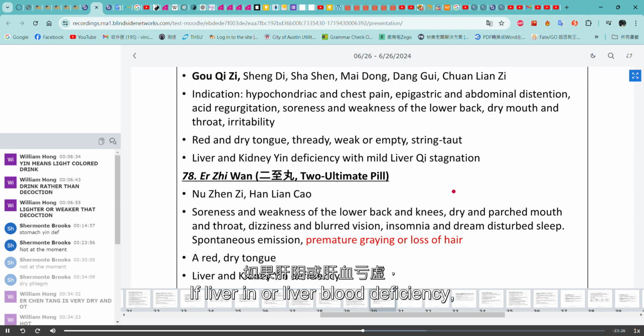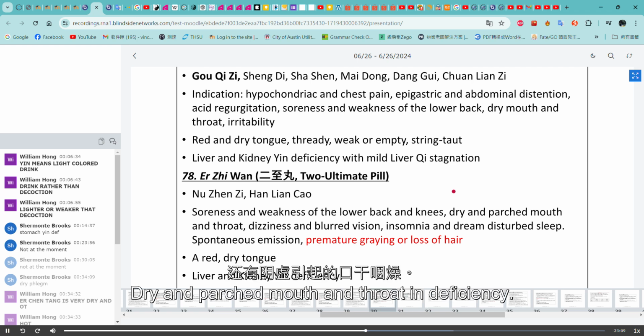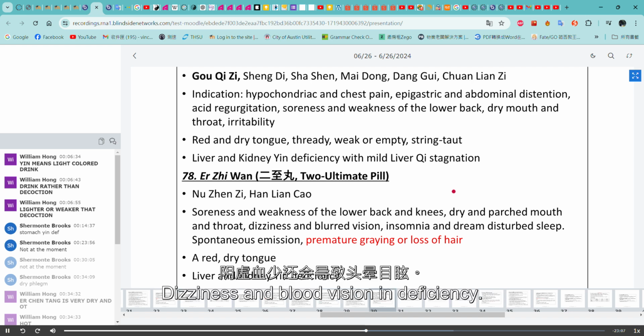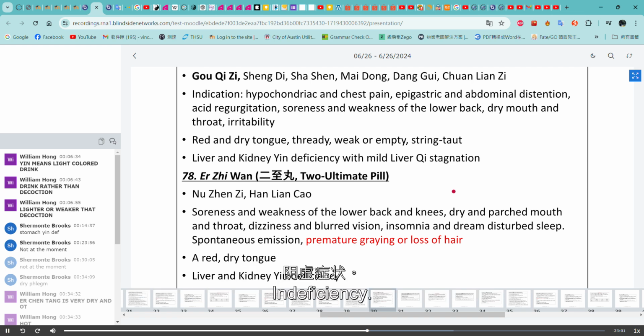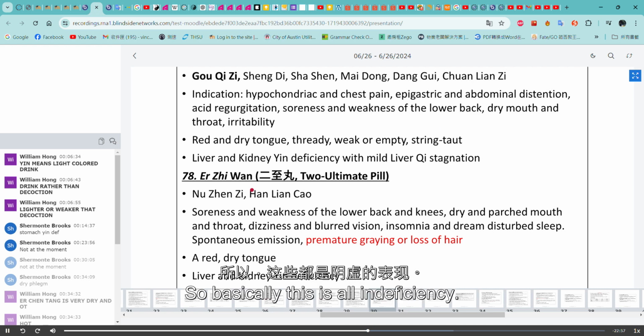If liver yin or liver blood deficiency, it may cause loss of hair. This one you can use to treat weakness and soreness of the low back and knees, kidney deficiency, dry and parched mouth and throat, dizziness and blurred vision, insomnia and dream-disturbed sleep, spontaneous emission. Basically this is all yin deficiency.